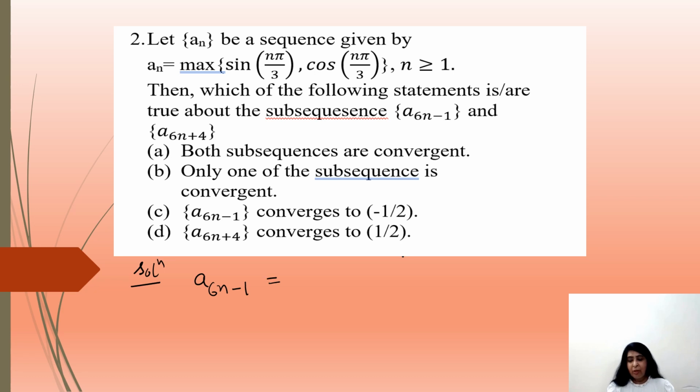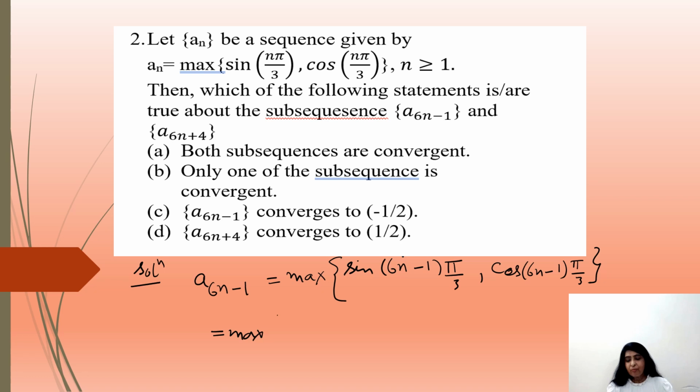This will be equal to the max of sine (6n minus 1) pi by 3 and cos (6n minus 1) pi by 3, or this is equal to the maximum of sine and cos.